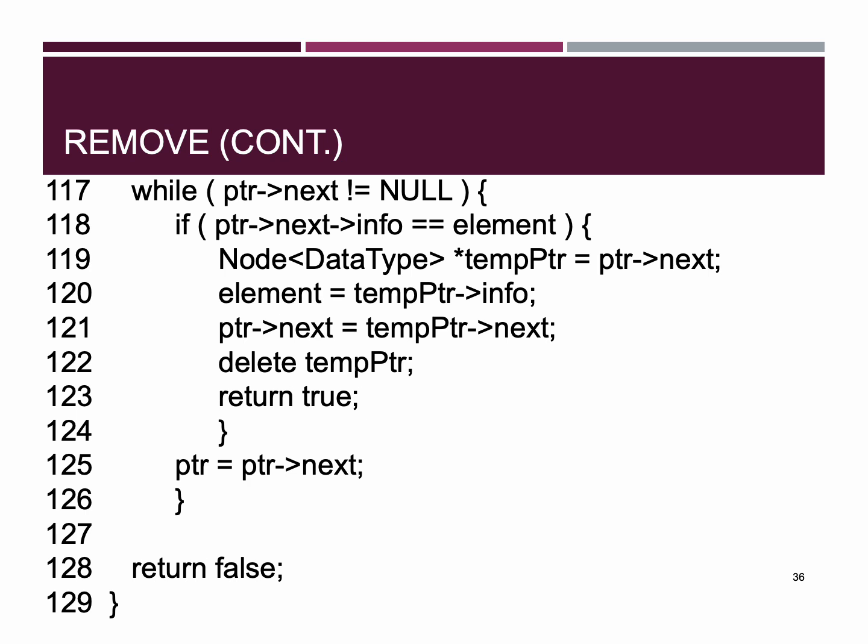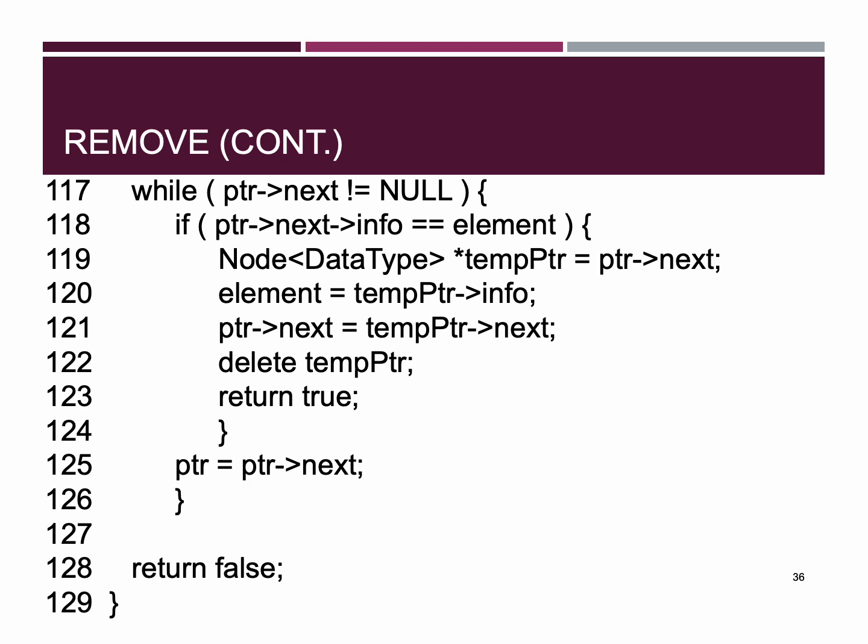Next we have a while loop. We enter a while loop that iterates as long as the next node after ptr is not null. This ensures that we don't go beyond the end of the list. Inside the loop, we check if the next node's info matches the element we want to remove. If a match is found, we create a temporary pointer to store the next node.